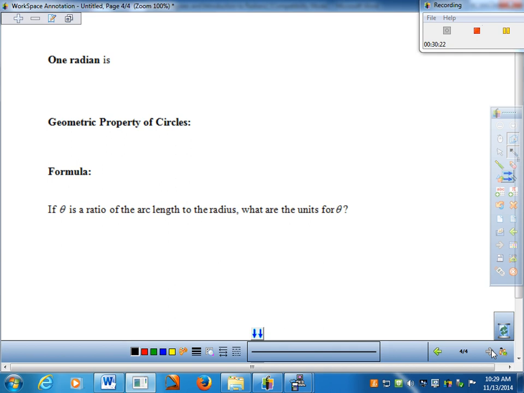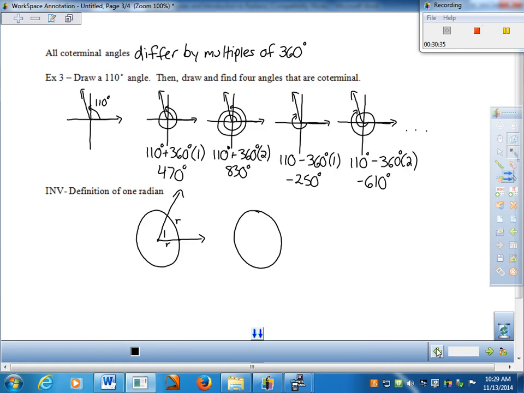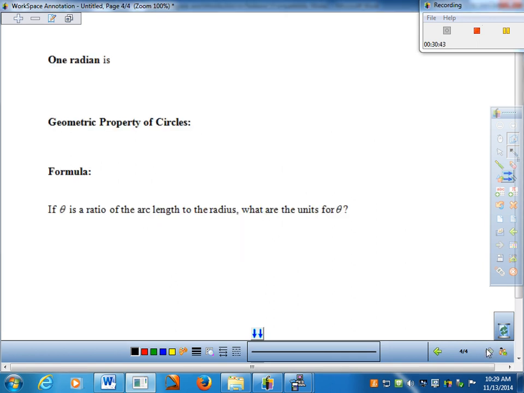It'd be really nice if you can grab one of your classmates and just take a look at his or her circle and 1 radian, and I'll bet no matter what the size of the circle is, you should probably see that the terminal side is in basically the same position as yours. Nobody's should be different. And the fact that we have a uniform angle means we can have a uniform measurement for it, and that is 1 radian.